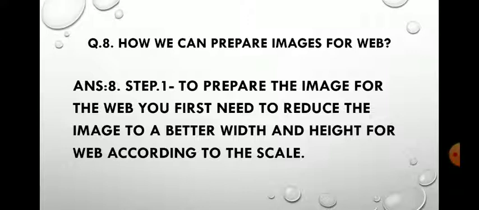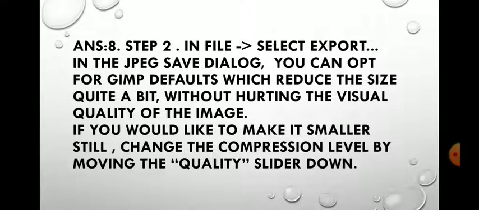Question 8 is, how can we prepare images for web. Step 1 is to prepare the images for the web. You first need to reduce the image to a better width and height for web according to the scale. Step 2. In File, select Export.